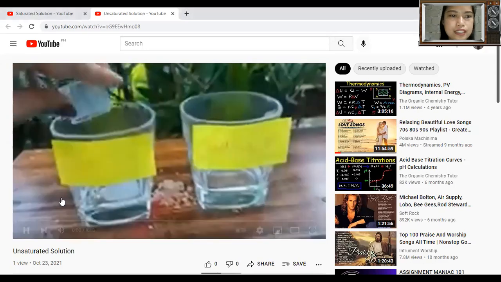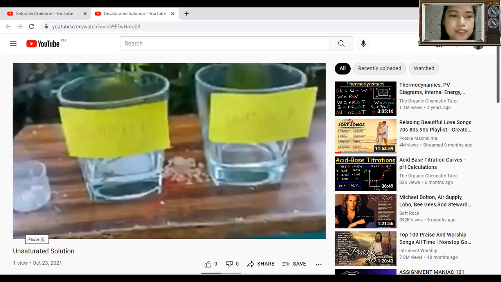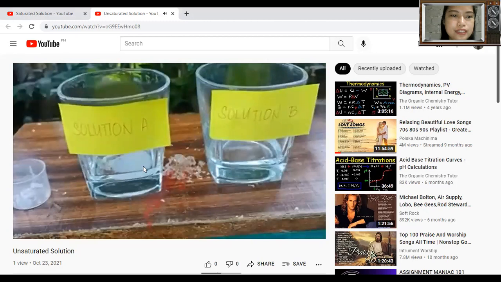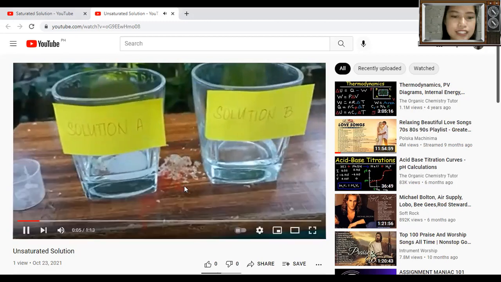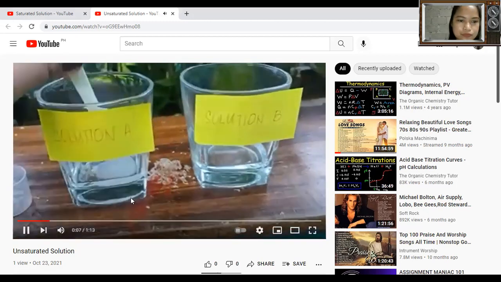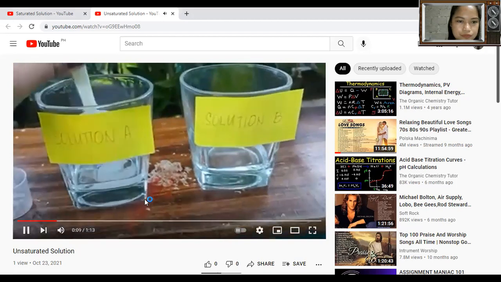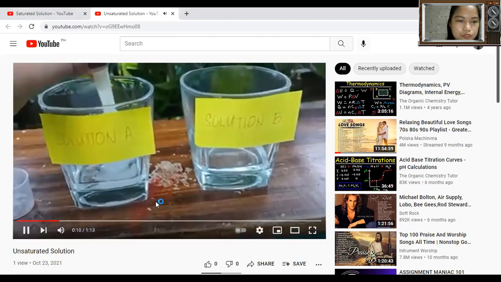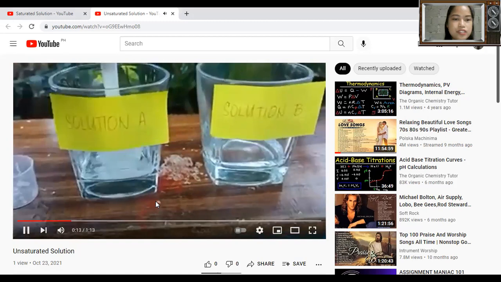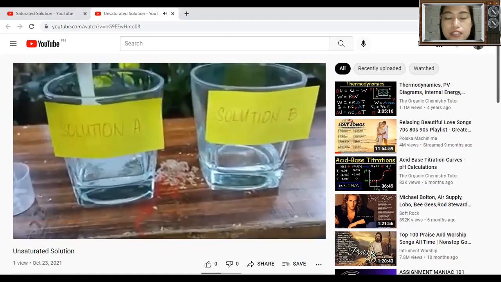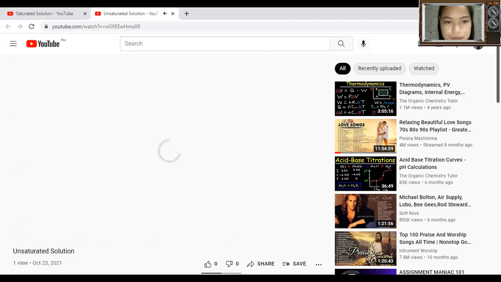Masyadong blurry because of the internet connection. So when we started stirring the solution, nawala tuloy.